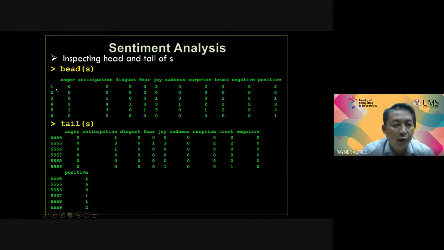Then you look at here the first 6 SMS. It will tell you what are the content of the document. So, for example, we have 2 positive words used in that particular document, and then 2 joy words used. This is not word. This is the sentiment. So they have these categories.